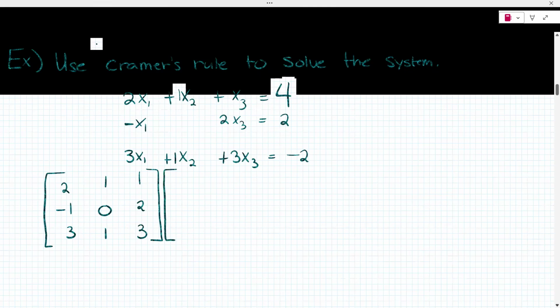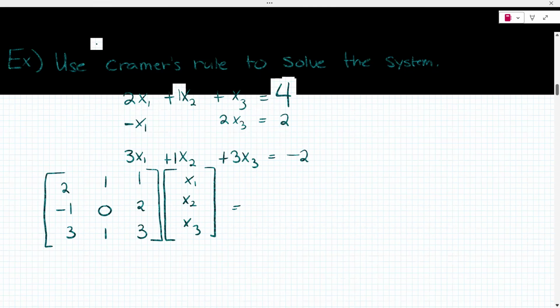Times your subscripts, or your x1, x2, x3. This is like your x, y, and z. So this is going to be x1, x2, x3, your x vector, equals your b vector.